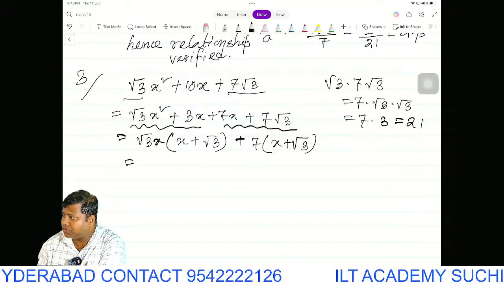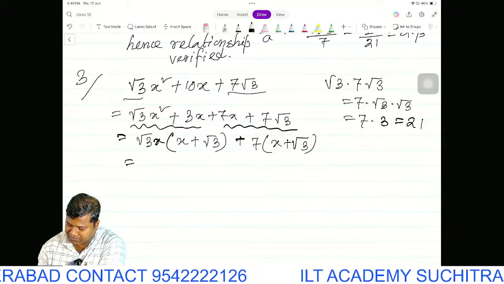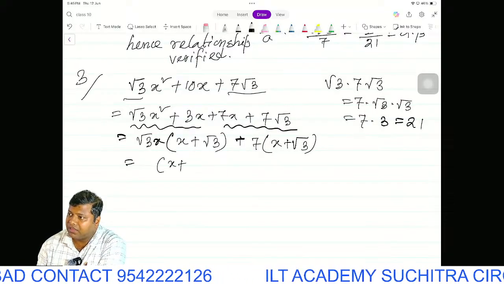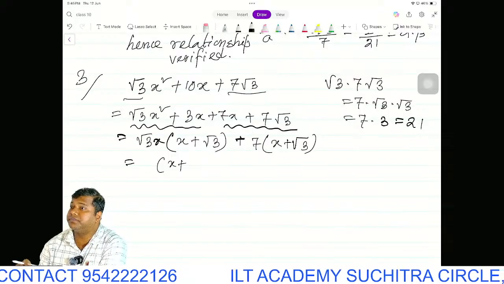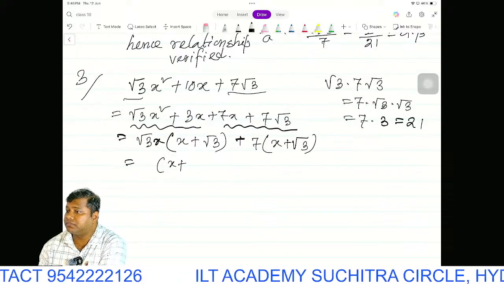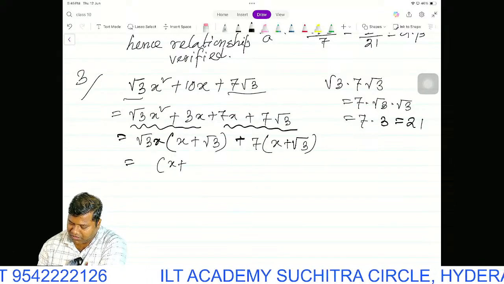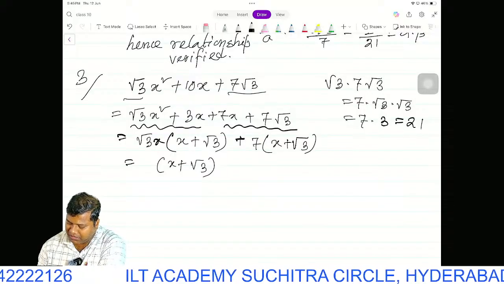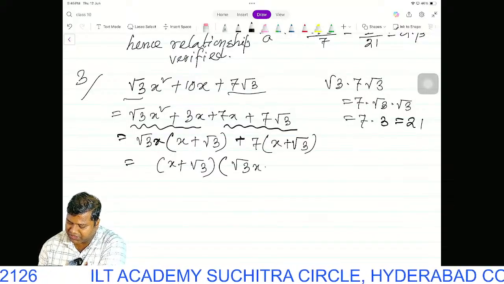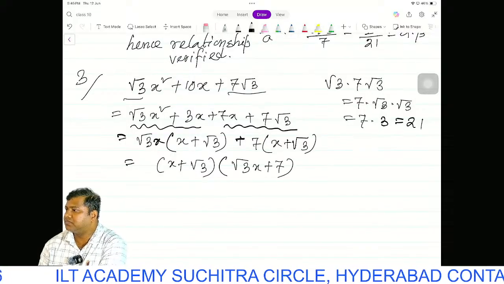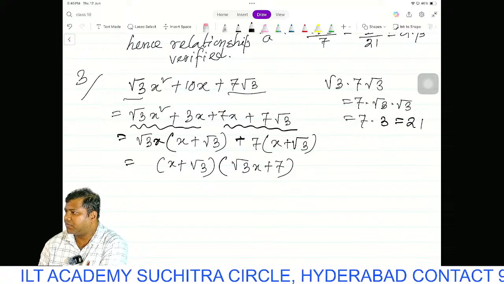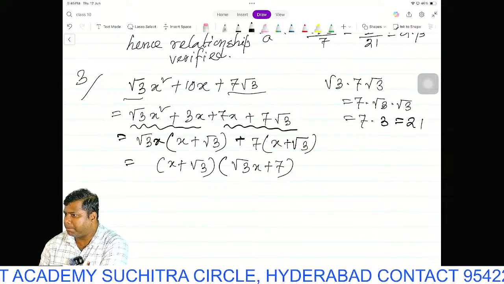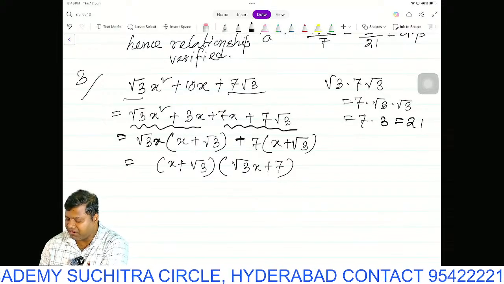Now from these two again what is common? X plus root 3. So it is x plus root 3 times root 3x plus 7. Okay? Done?